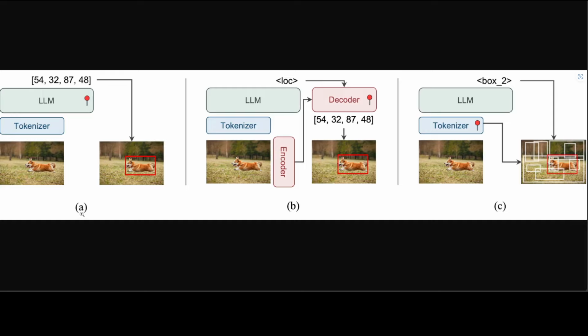For example, in picture A, you can see LLM for localization such as Shikra or Kosmos-2 and various others. In B, we have external modules for localization, and in C is a visual tokenizer for tokenized localization, and the third one is Groma, and you can see how detailed that Groma is.